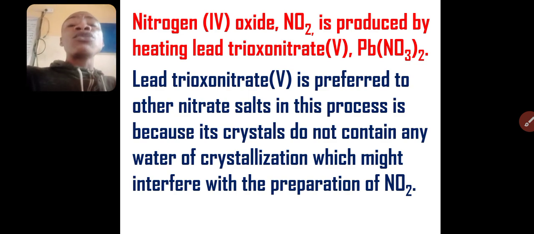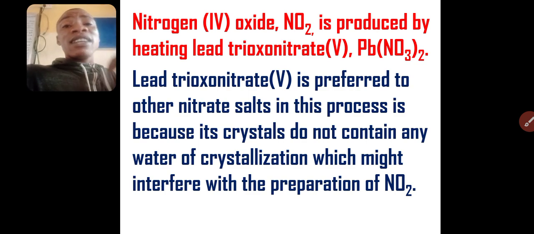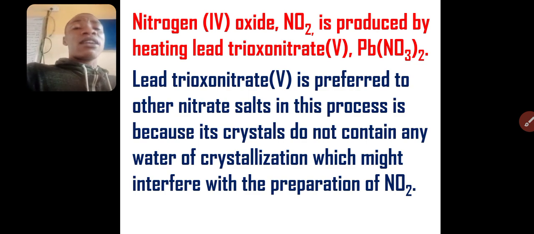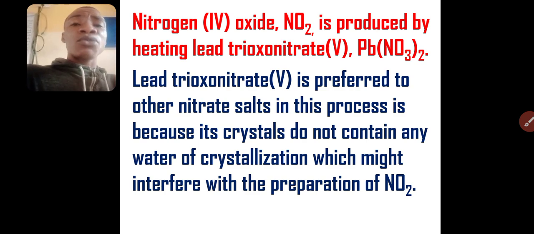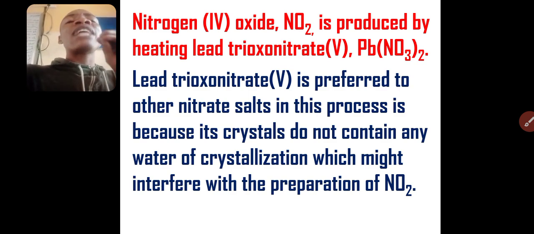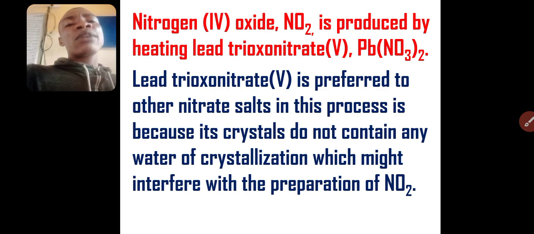Don't forget that NO2 is an acid anhydride. It can dissolve in water, as I've said, under the nitrogen cycle. So you don't need a nitrate salt that will produce water first before you get your gas.